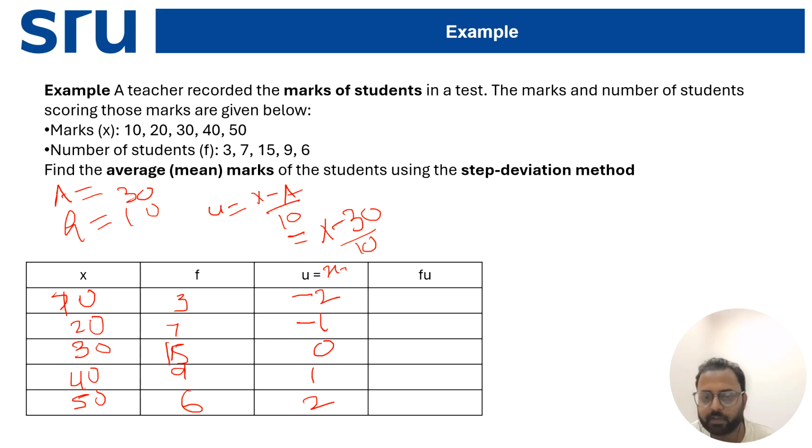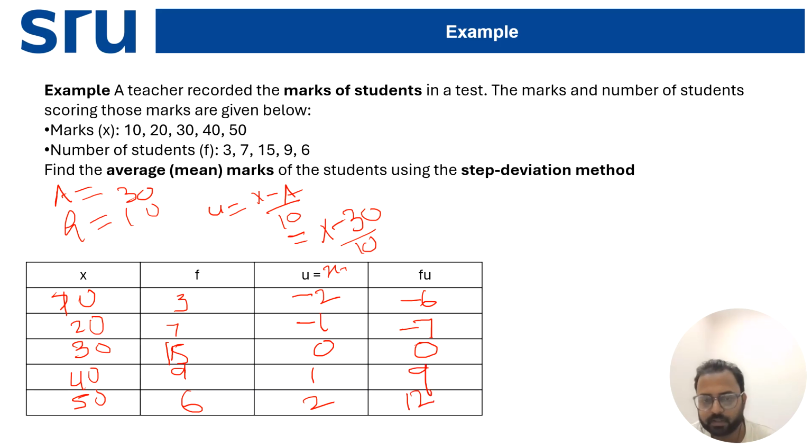Next we find f into u. Minus 2 into 3 is minus 6, 7 into minus 1 is minus 7, 15 into 0 is 0, 9 into 1 is 9, and 6 into 2 is 12.